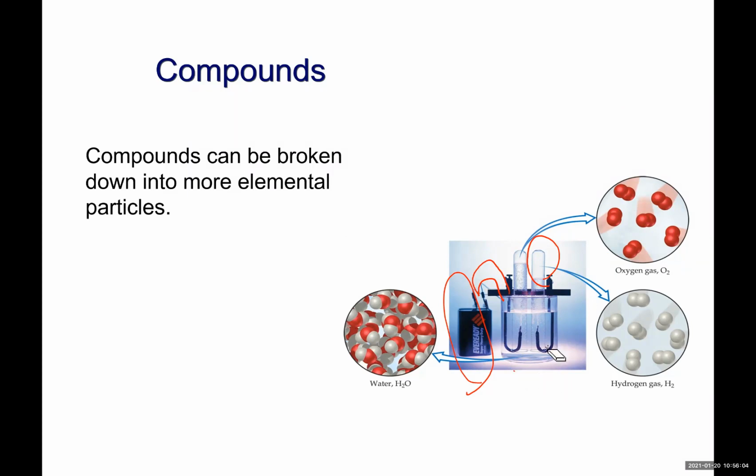Maybe this is the negative terminal. This is oxygen. So this must be the positive terminal, and this must be the negative terminal. At the negative terminal, H+, which is in water, is going to come here, gain an electron, make atomic hydrogen. Atomic hydrogens react together to make H2.